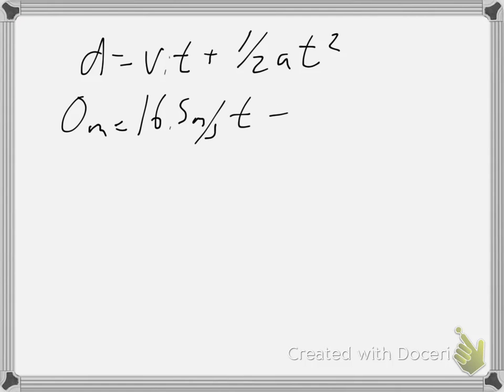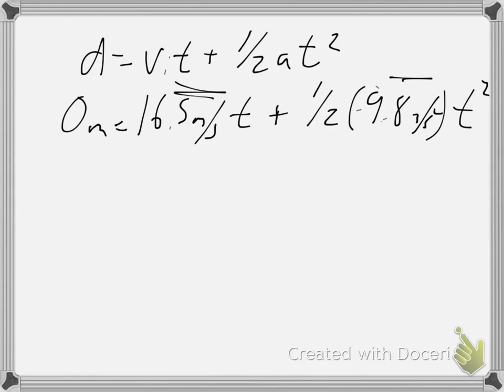We're looking for time, so plus 1/2 and negative 9.8 meters per second squared times t squared. So the first thing we want to do is move one of these sides to the other side. So I can subtract the 16.5 t and then multiply everything by negative 1. Basically that gets rid of the negative sign on this 9.8 here.